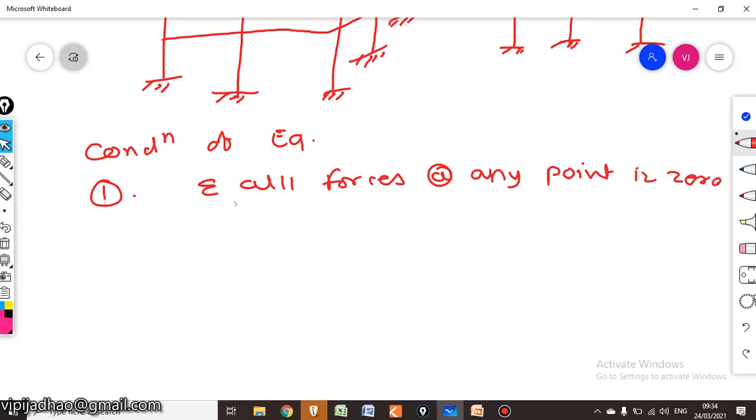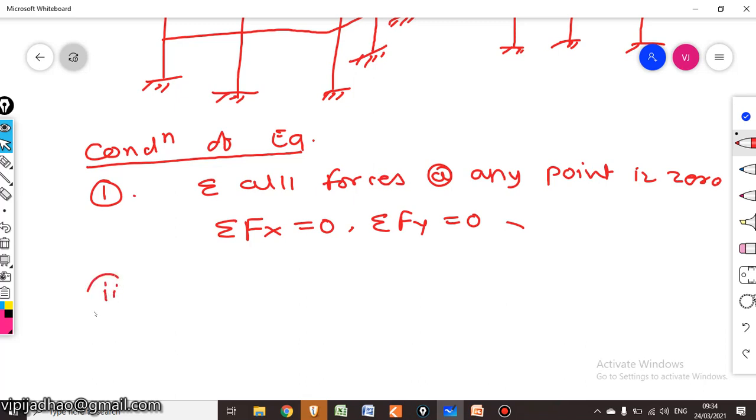This is covered in your BTS or SOM or engineering mechanics itself. So summation of forces in x direction is equal to zero, summation of forces in y direction is equal to zero. This is the first condition of equilibrium, that summation of forces in all directions is zero. Whereas the second condition is that summation of moment of all the forces about any point is equal to zero. So these two conditions of equilibrium are there.